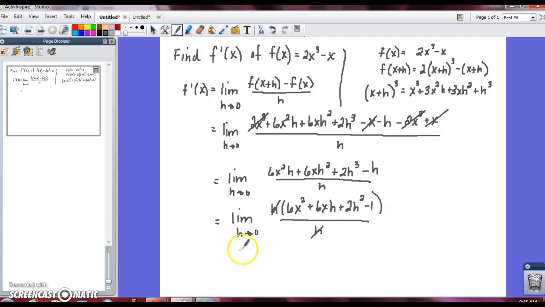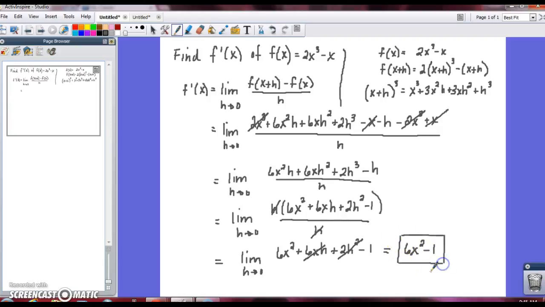My h's cancel, so I'm left with the limit as h goes to 0 of 6x squared plus 6xh plus 2h squared minus 1. Now, as h goes to 0, this term will go to 0 and this term will go to 0. So what I'm left with is 6x squared minus 1. Okay? And that is my derivative.